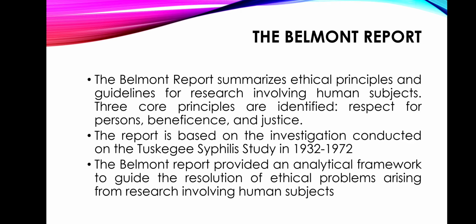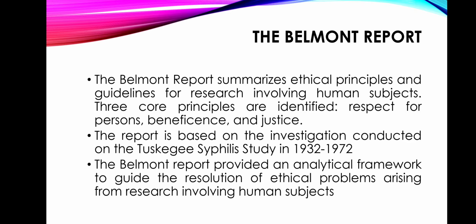The experimentation was conducted among Black Americans or African Americans, because at that time they were very vulnerable, and it was very easy for the scientists, the doctors, and the researchers to recruit or convince them to participate in the said experiment.